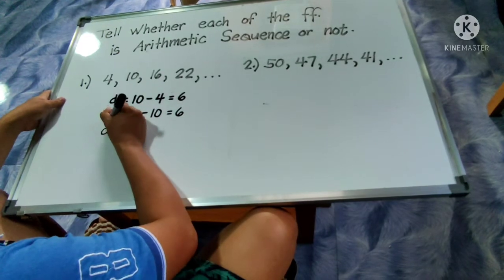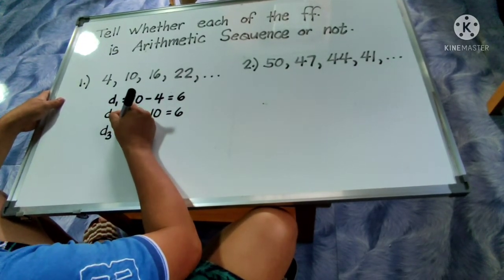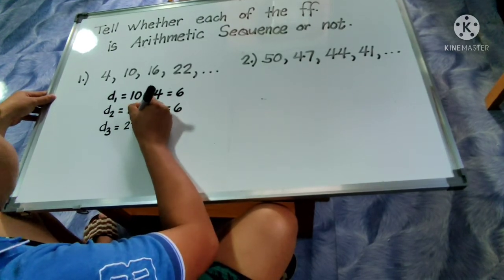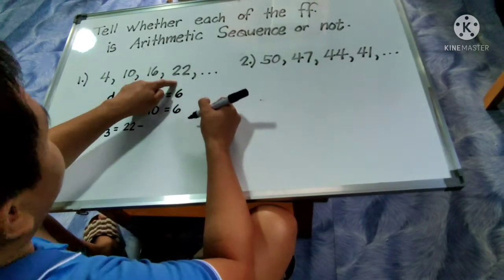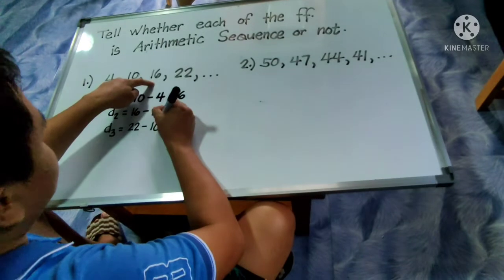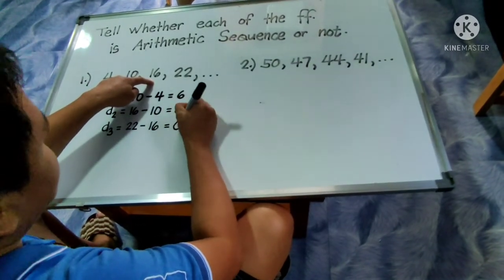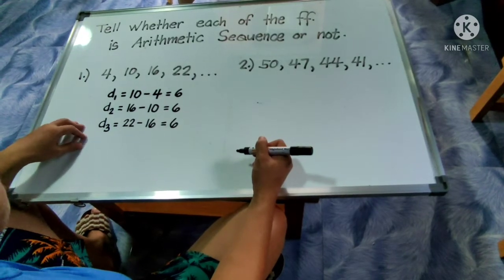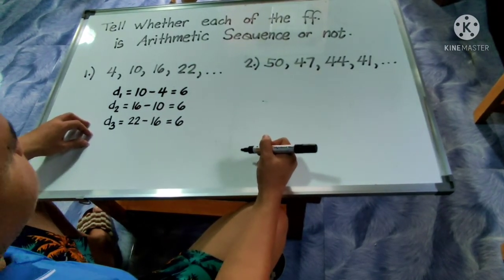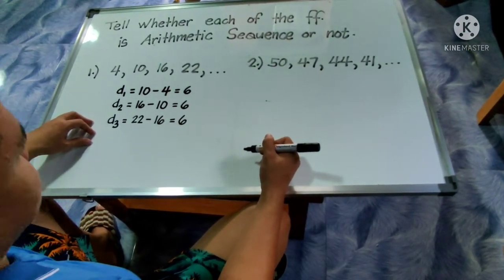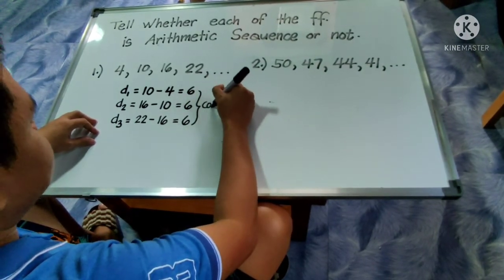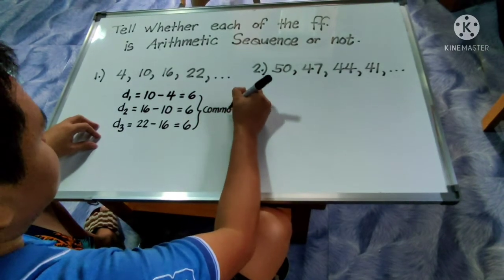Then proceed to the third difference. You will have 22 minus 16 is equal to 6. Are the differences the same? The answer is yes, meaning there is a common difference.